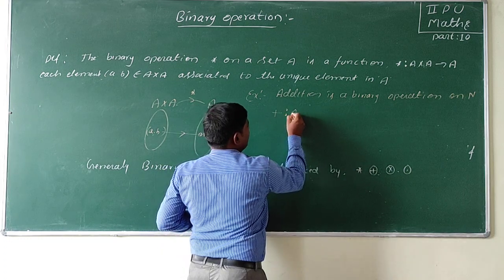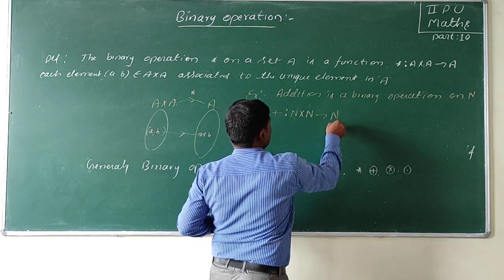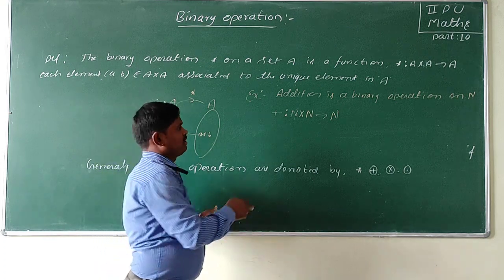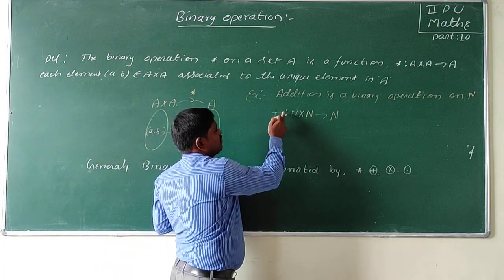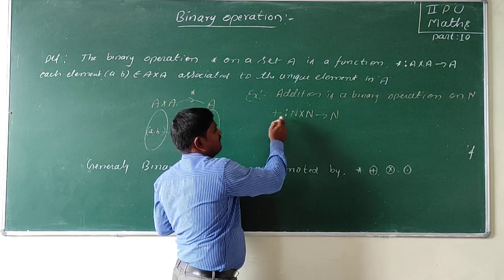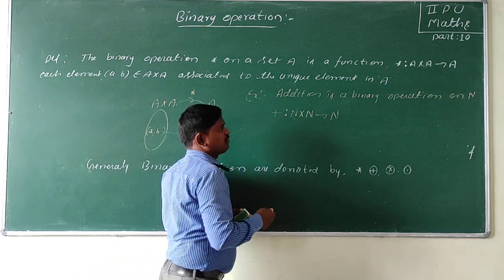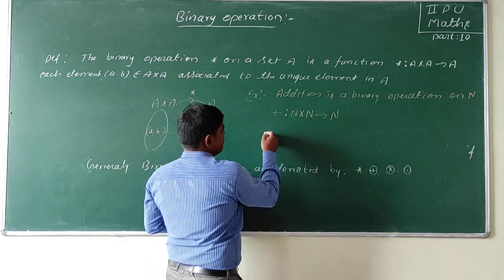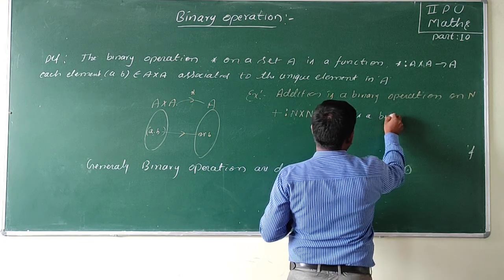That is, plus is a mapping from N cross N into N. So this is the binary operation defined like this. Why is it a binary operation?